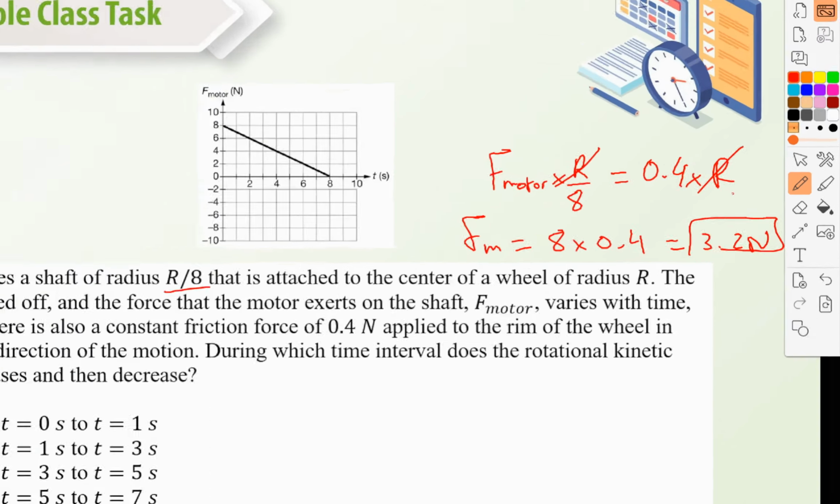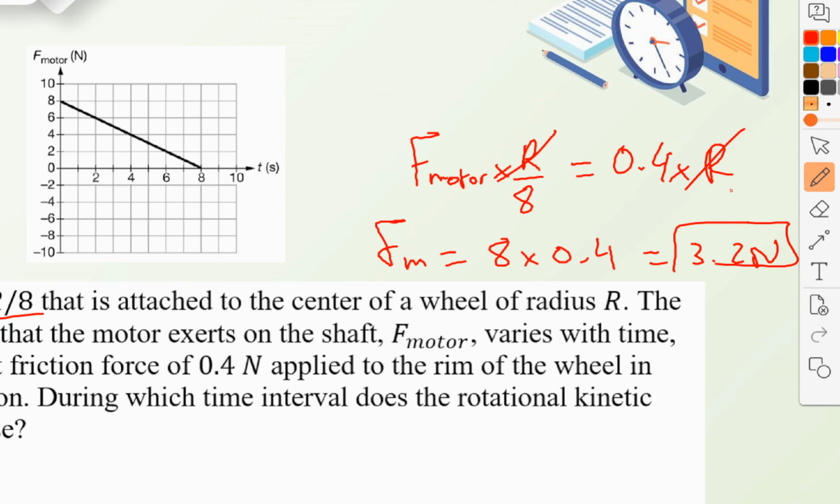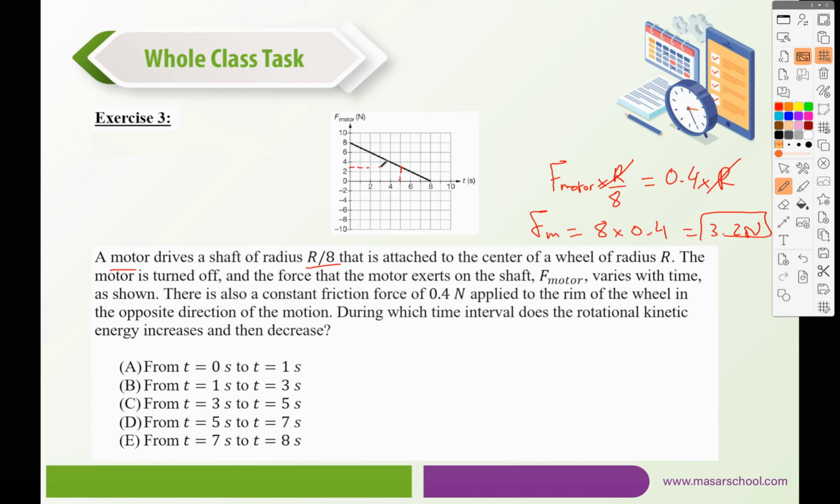Now that would represent the force of the motor at which it balances the friction, which is somewhere here. So that would be at 5 seconds, where both the torques produced by the motor and the friction balance.